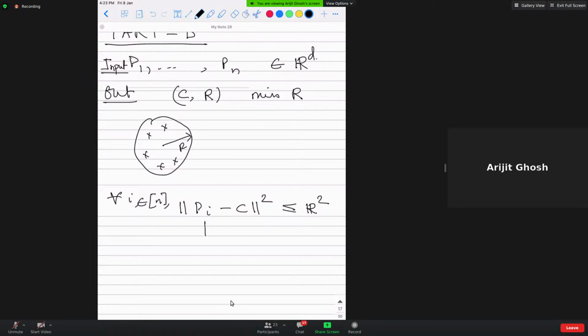Let's slightly simplify this, and we get an inner product term. Here the variables are c and R.